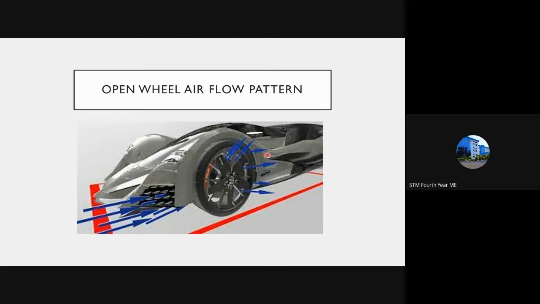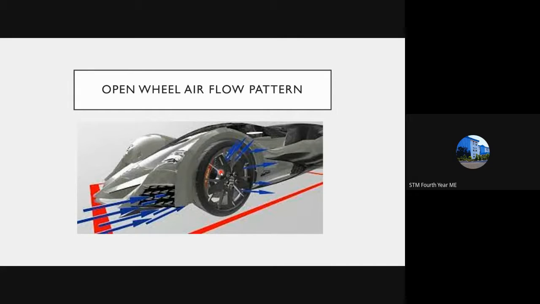In an open wheel condition, this is how the flow occurs. This is a Formula One car, and you can see the air striking the front side of the nose end of the vehicle is then transferred to the atmosphere through the open wheel pattern. So this is how it flows in an open wheel pattern, when we are looking from this direction.